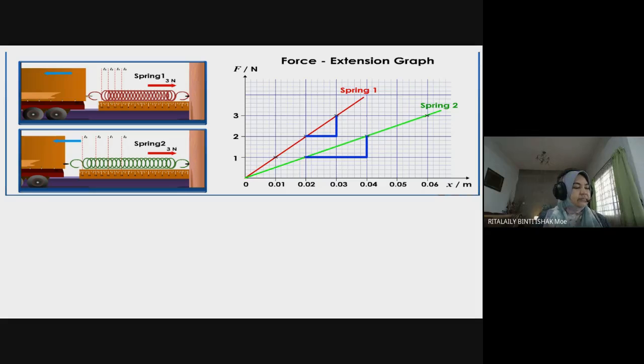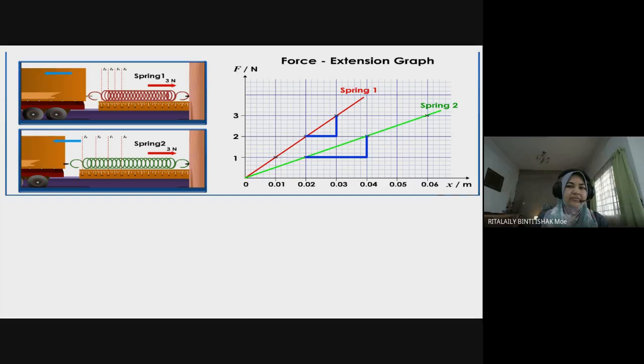Okay, 100. Is that for spring 1 or spring 2? Okay, spring 1, the spring constant is 100 Newton per meter. Whereas for spring 2, the spring constant is 50.